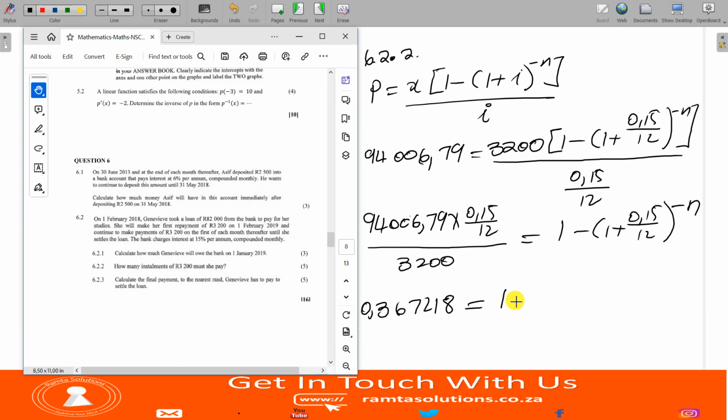And then what is this? 1 minus 1 plus 0.15 over 12. It's this one, it's 1.0125 to the negative n.